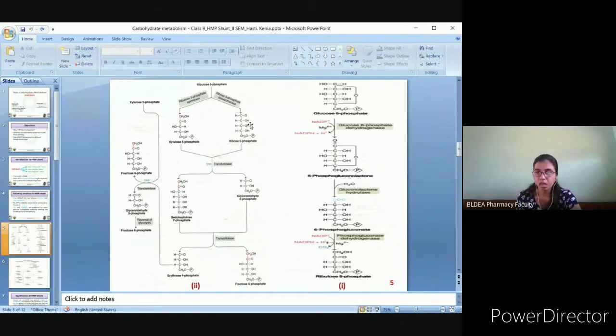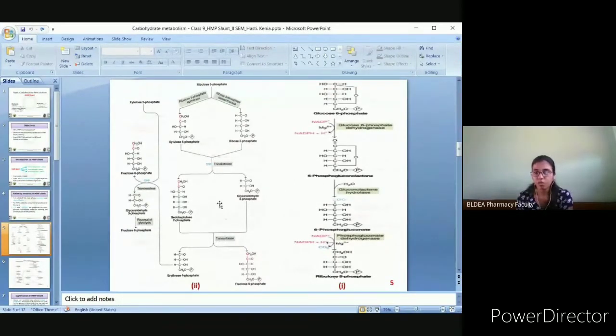This becomes 10 carbons, and in the products also you can see 7 carbon and 3 carbon, that is 10 carbons. So overall there are 10 carbons, but the structures of these compounds are totally different. Xylulose as well as ribose 5-phosphate will help in transfer of carbon atoms between each other. That will result in the synthesis of sedoheptulose 7-phosphate, 7 carbon, and glyceraldehyde 3-phosphate, that is 3 carbon.